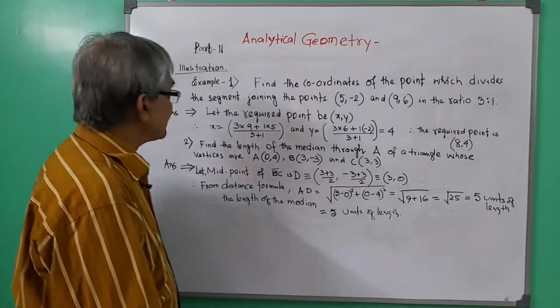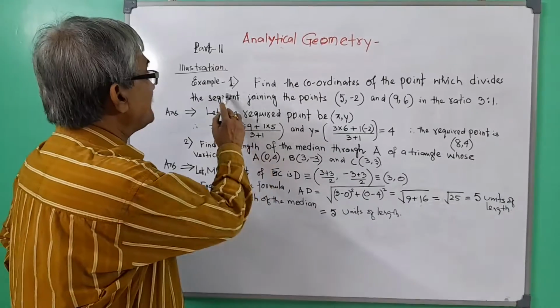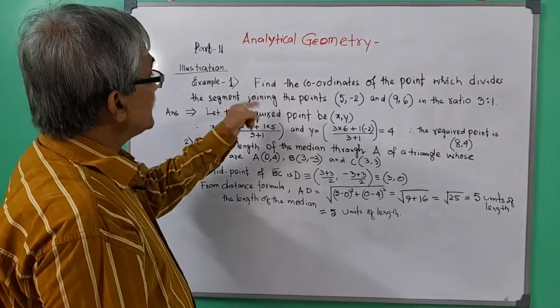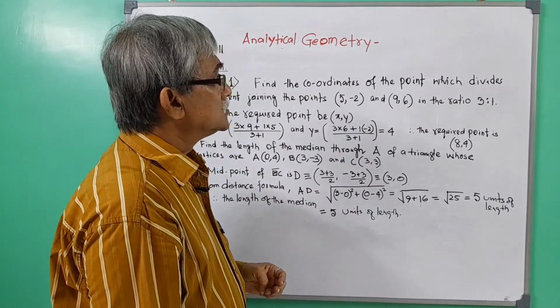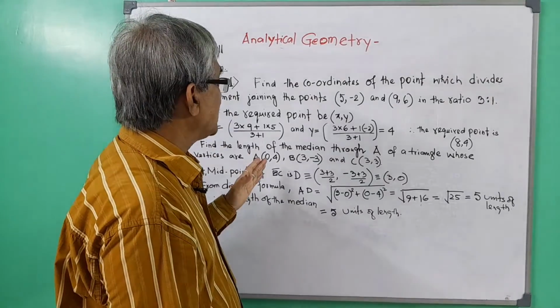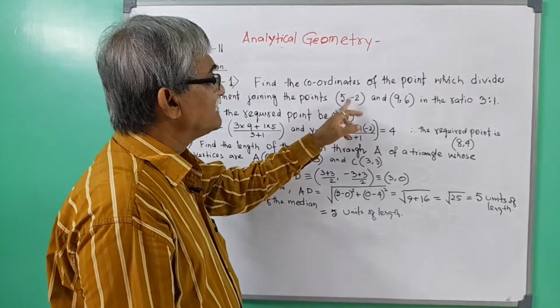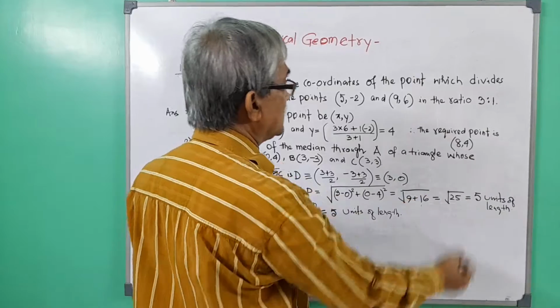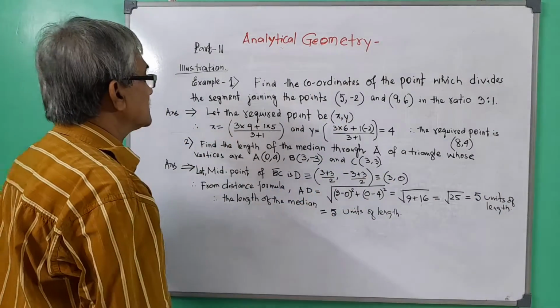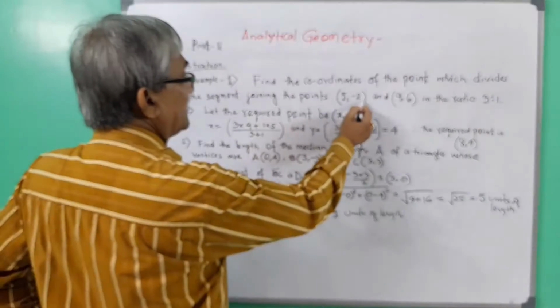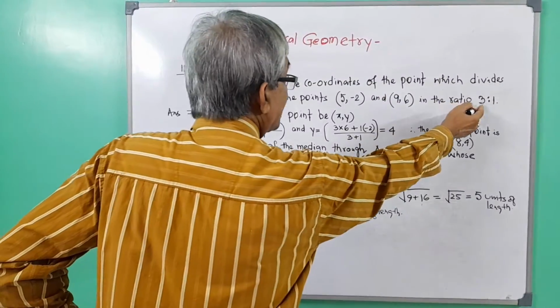Now let us take some illustrative examples. Example 1. The question is, find the coordinates of the point which divides the segment joining the points (5, -2) and (9, 6) in the ratio 3:1. Everything is given: the points x1, y1, x2, y2 and the ratio m and n.